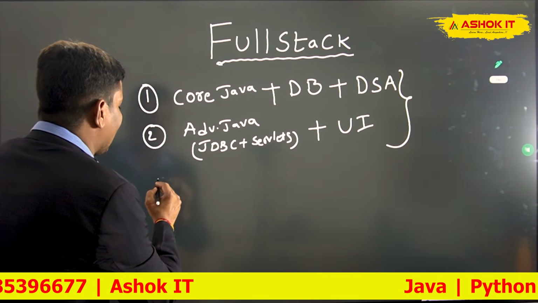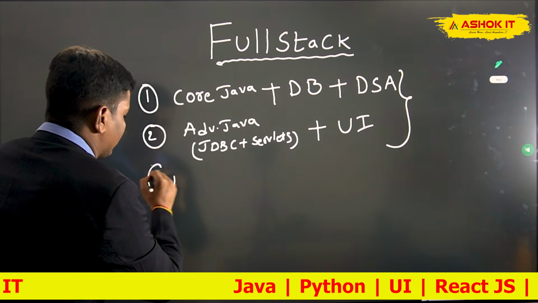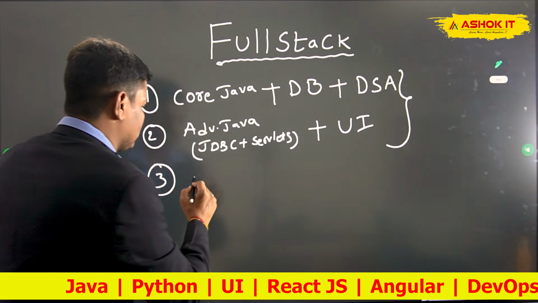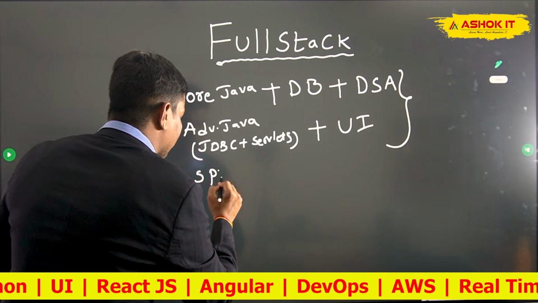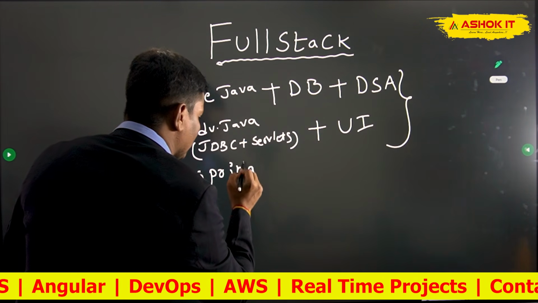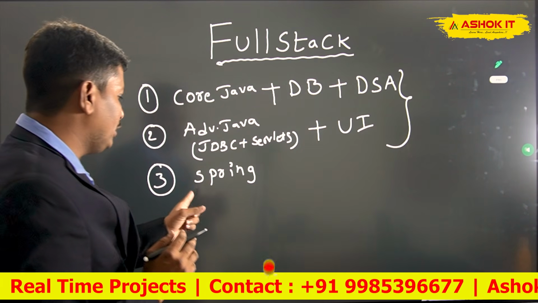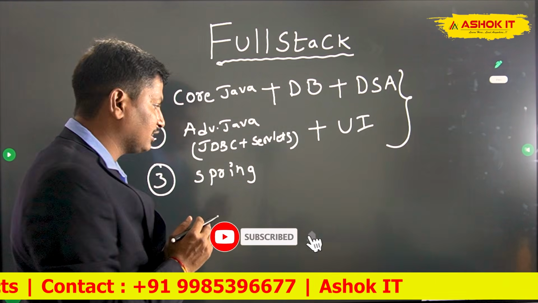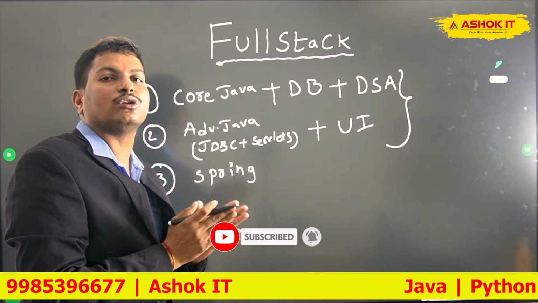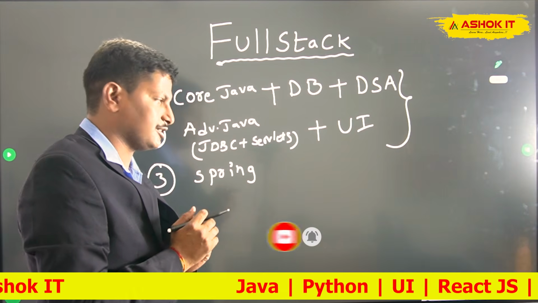Those are Java frameworks. When it comes to Java frameworks, we need to start with a very important framework which is Spring. When you attend the Spring framework, then you will get the idea of how to develop real world applications.